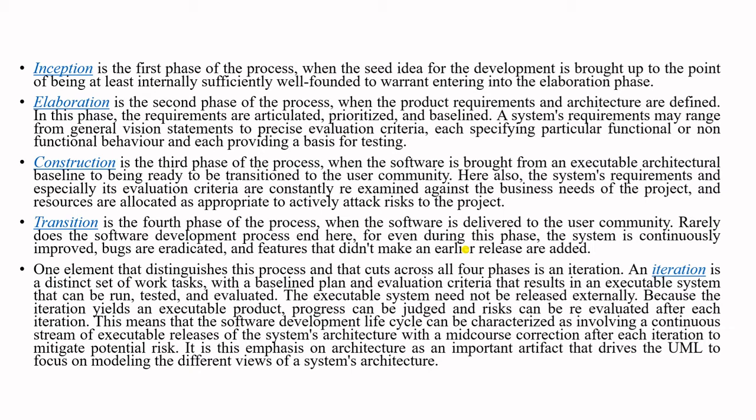Now, next one is one element that distinguishes this process and that cuts across all four phases: an iteration. An iteration is a distinct set of work tasks with a baseline plan and evaluation criteria that results in an executable system that can be run, tested, and evaluated.